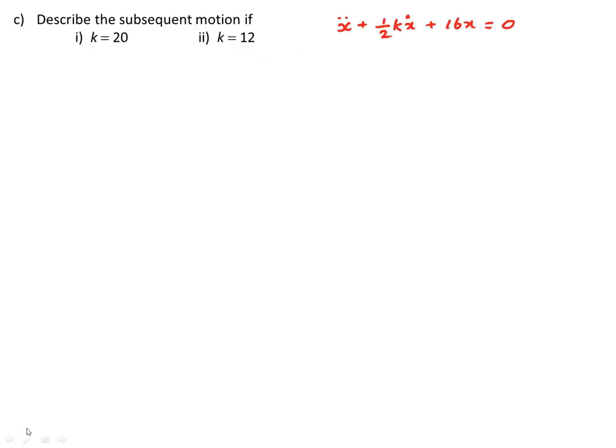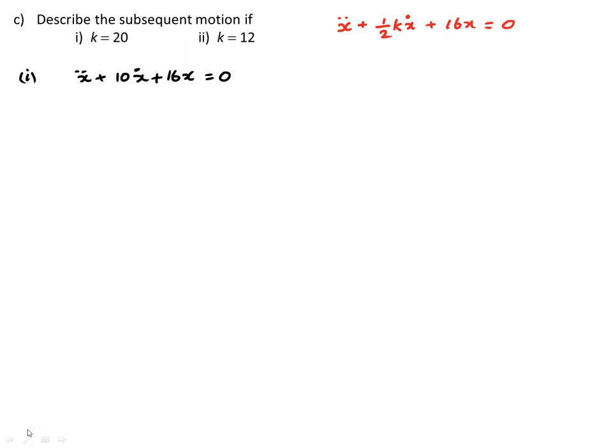So we've now got to describe the subsequent motion in the two cases. First of all, k equals 20, and then secondly, k equals 12. If k equals 20, then the equation becomes d2x/dt squared plus 10 dx/dt plus 16x equals 0.